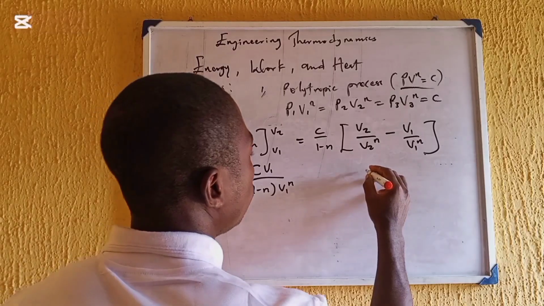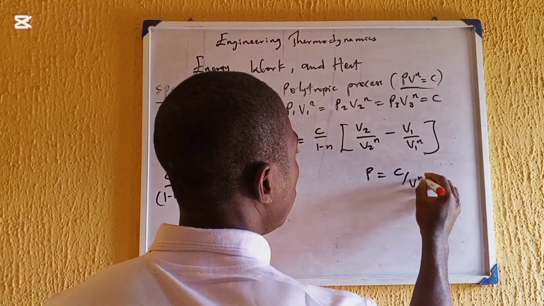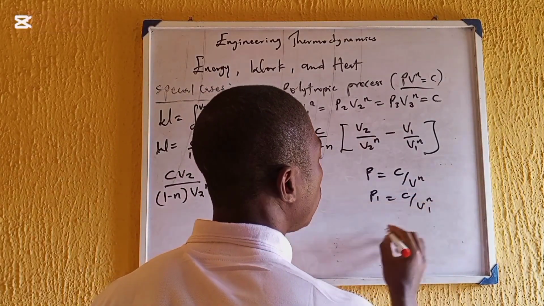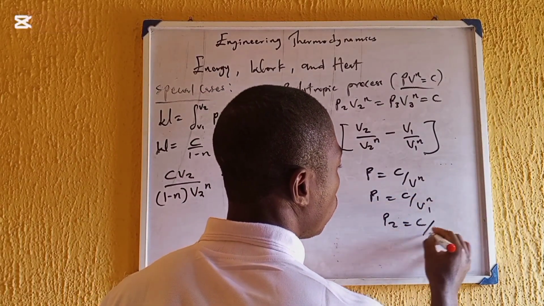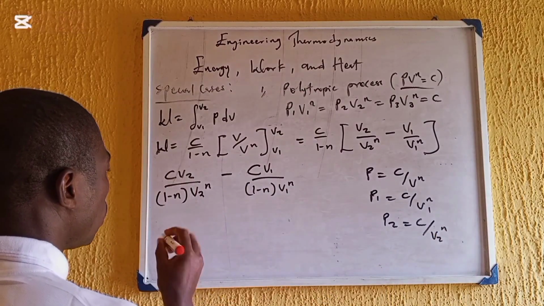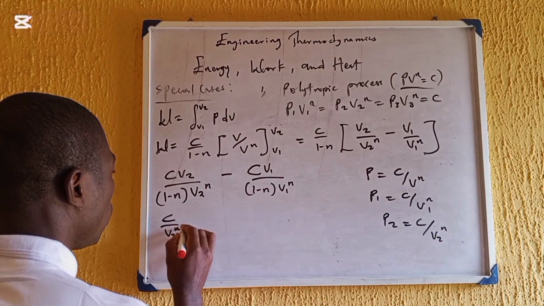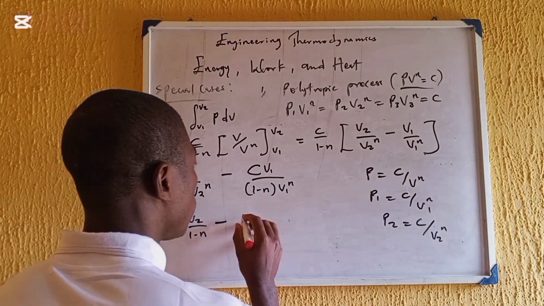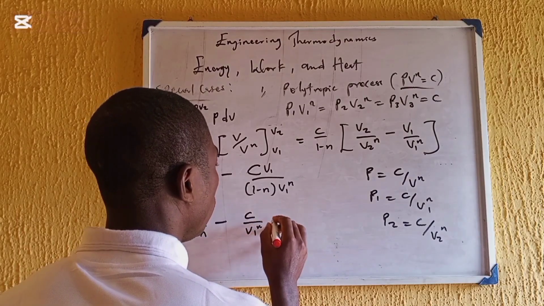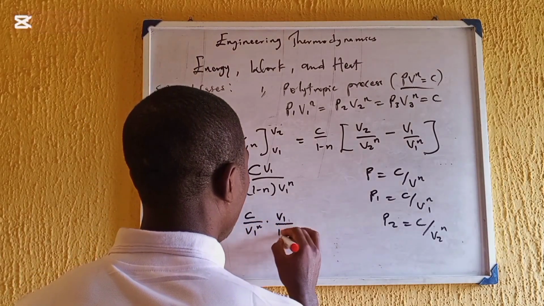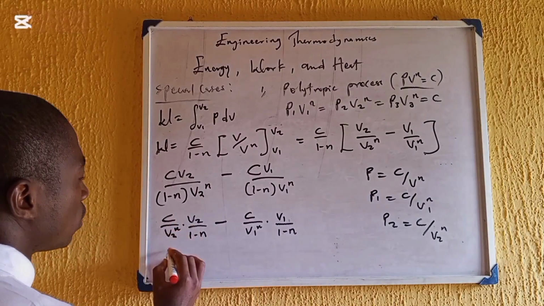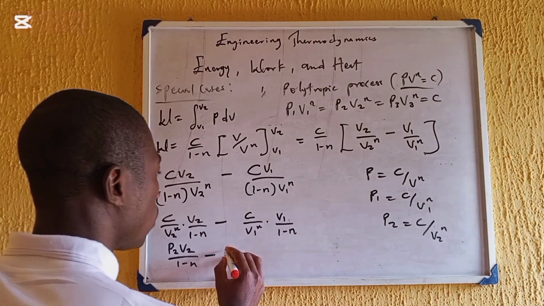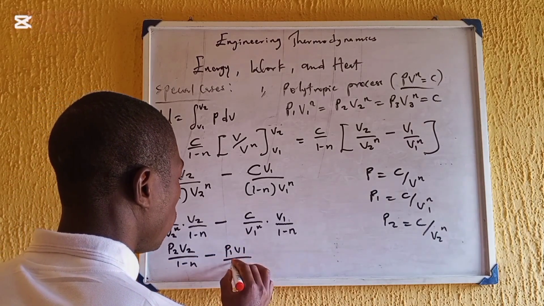But remember that P is equal to C over V to the power n, which implies that P1 is equal to C over V1 to the power n, and P2 is equal to C over V2 to the power n. So we come here, we have C over V2 to the power n into V2 over 1 minus n, then minus C over V1 to the power n into V1 over 1 minus n. So this is P2 into V2 over 1 minus n minus P1 V1 over 1 minus n.